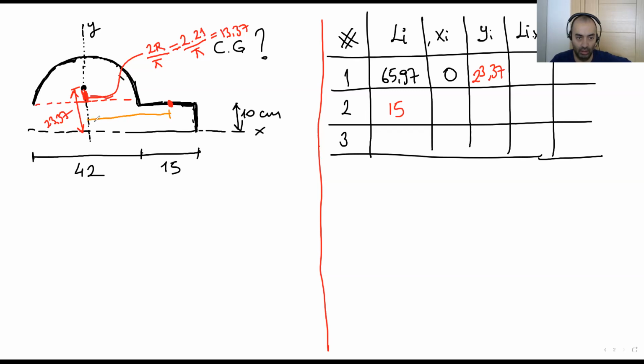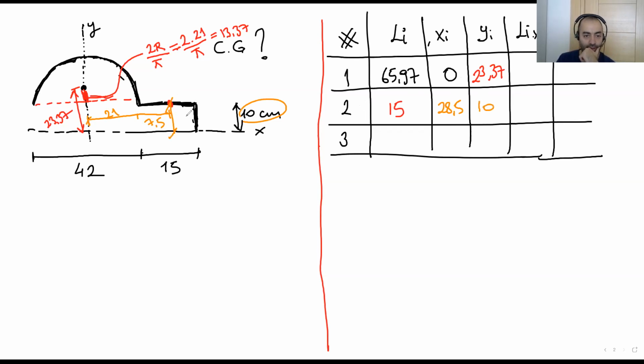This one. Here is 21 plus 7.5, and this is 28.5. Yi is basic, from here to here. It's 10.